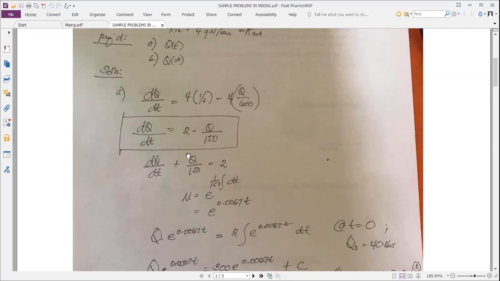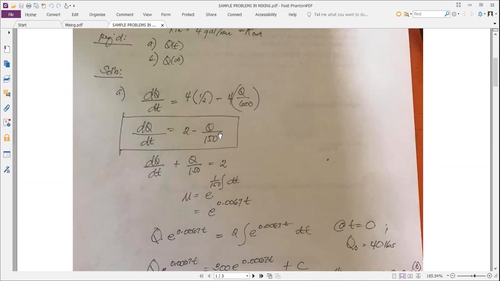If that is the case, your DE is converted into a separable DE. You transfer the 300 minus Q here and the 150 can stay in this side. The 1 over 150, transfer the dt here. That makes it separable. So it really depends on the student on how will this particular DE be solved.